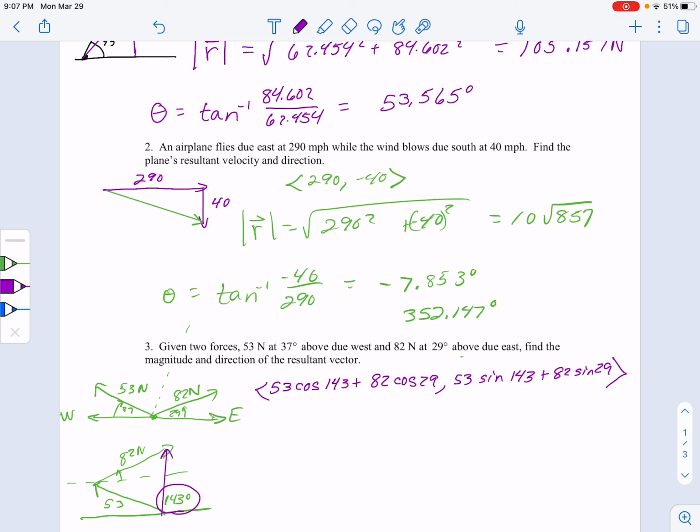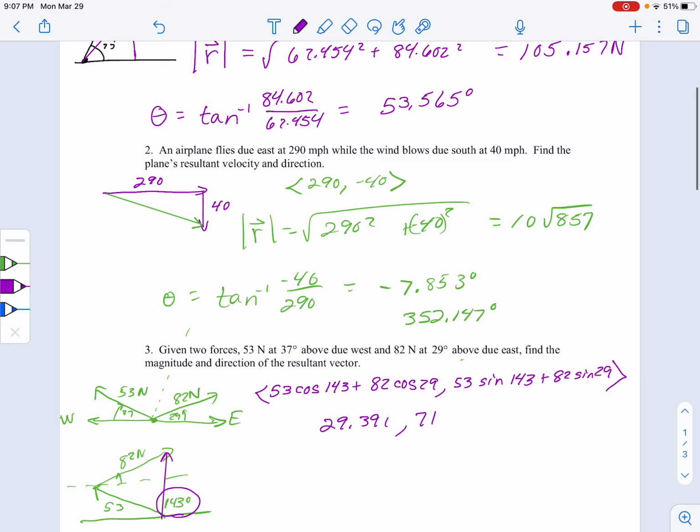And you put them in your calculator. 53 cosine 143 plus 82 cosine of 29. And I got 29.391. 53 sine of 143 plus 82 sine of 29, and I get 71.651.